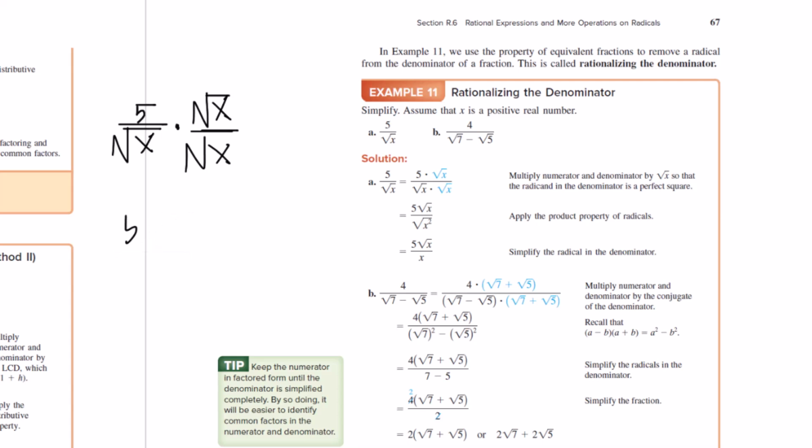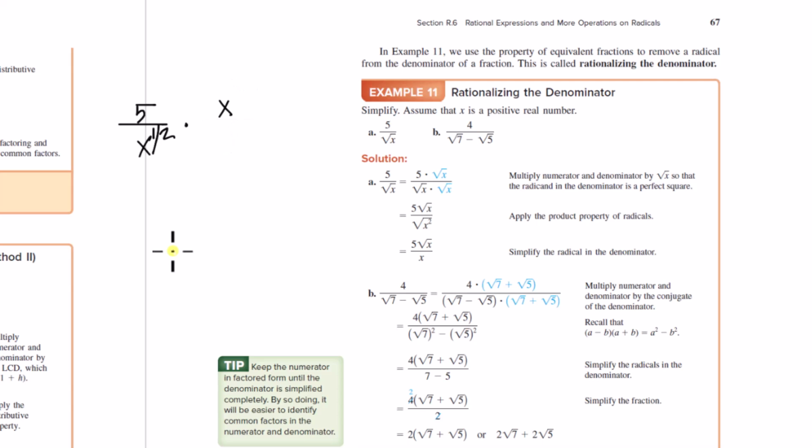Now, it was a little bit different if you had a non square root radical, like the principal cube root of x. Then no, you don't just multiply by the cube root of x over the cube root of x. That's not going to work. It only works with the principal square root, because you have x to the 1/2, right? And if you multiply by x to the 1/2 over x to the 1/2, the 1/2 plus 1/2 is 1, so you get rid of the radical. You're trying to get rid of the radical.